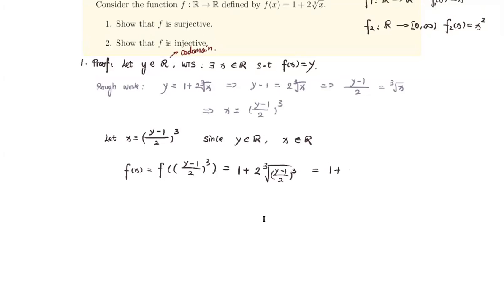That's 1 plus 2 times y minus 1 over 2, which will give you 1 plus y minus 1, which is y. Okay, so here I show that I can find an x in the real numbers such that f of x equals y. So that's showing that my f is surjective.